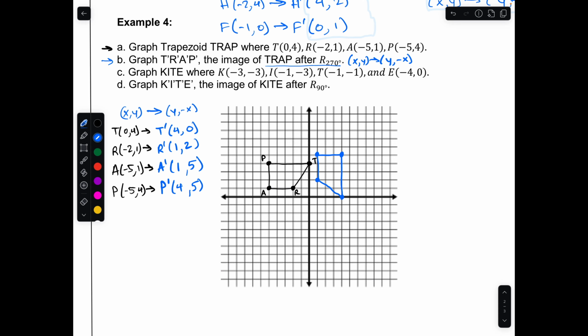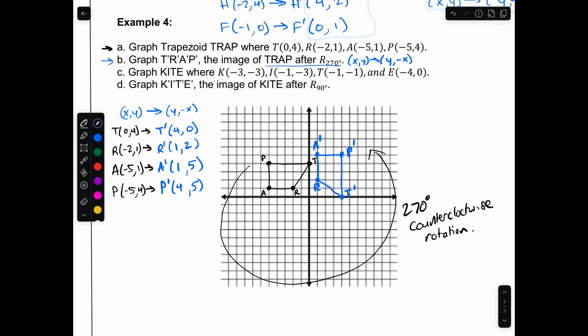And we've got T prime, R prime, A prime, and P prime. And sure enough, this looks like it's a 270 degree counterclockwise rotation.